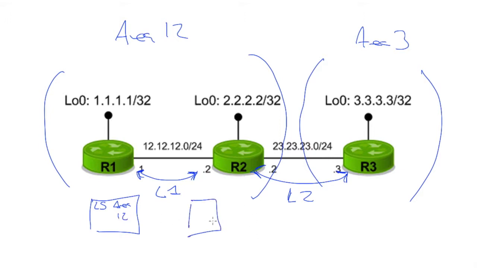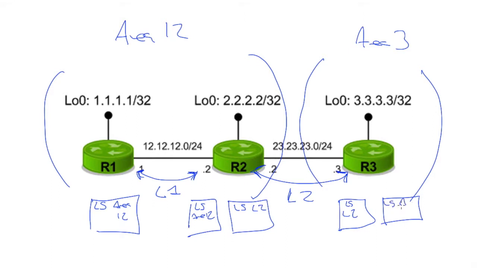Router 2 will end up with a link state of area 1, 2, and a link state for the backbone. In the case of router 3, he will end up also with a link state of the backbone, and a link state of his area 3.